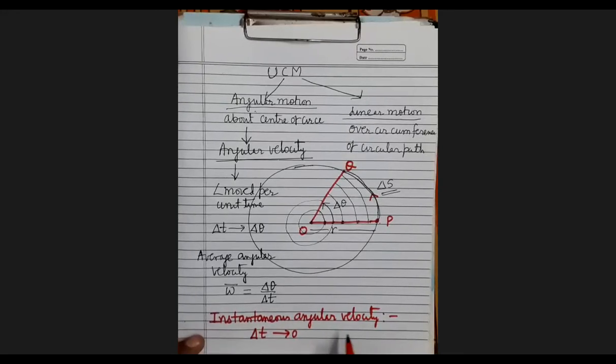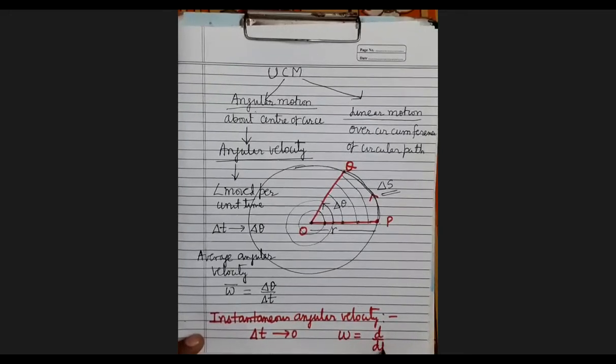Then omega will be equal to d by dt of theta, or we also say it as d theta upon dt.